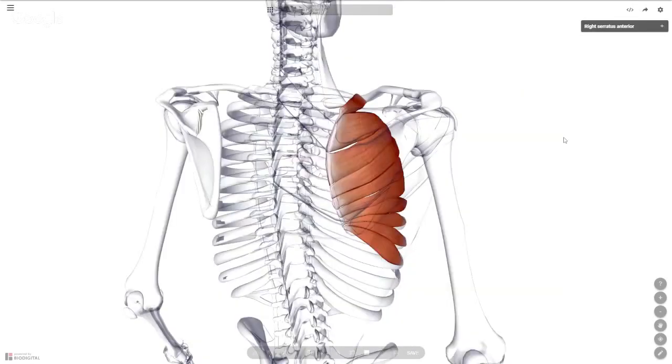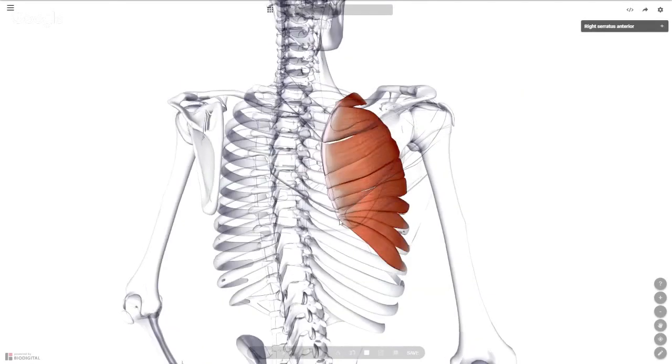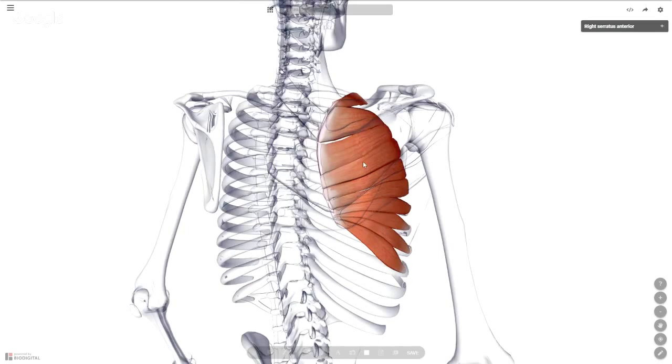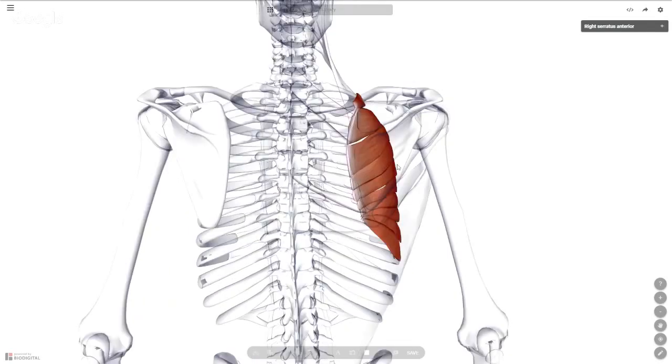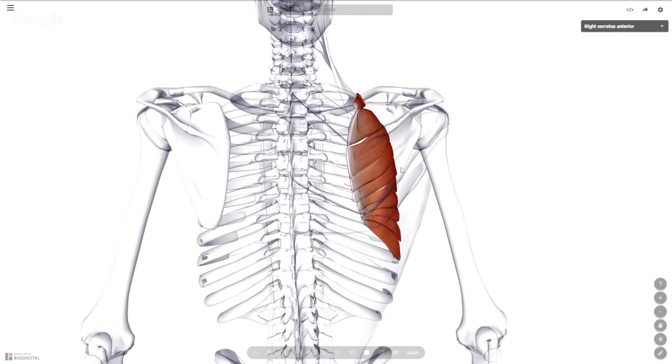So here you can see that's the attachment, and this muscle is attaching not at the back, not from the back surface of the shoulder blade. It is attaching at the front surface of the shoulder blade, which can be called anterior surface because it is pointing towards the front.